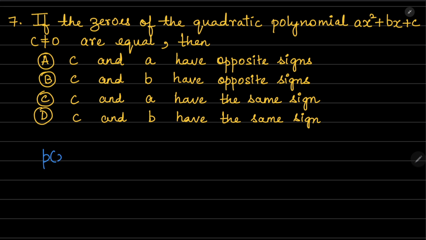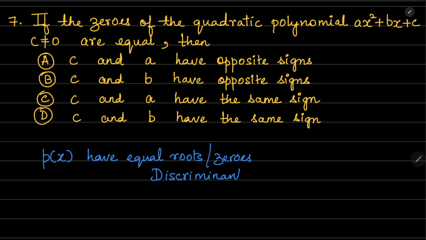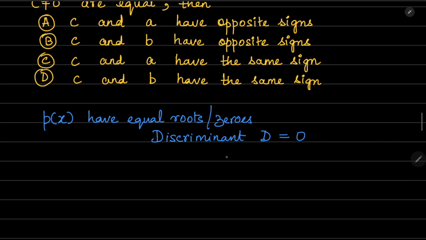Whenever you are given that p of x has equal roots or zeros, that means your discriminant capital D is equal to 0. And what is the value of the discriminant? It's b square minus 4ac is equal to 0.